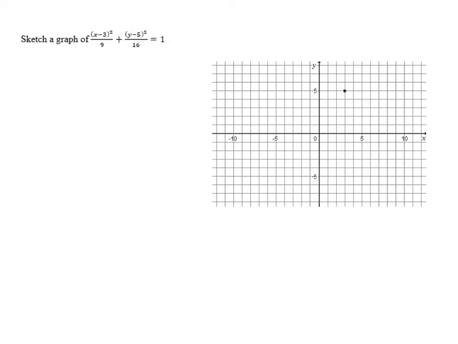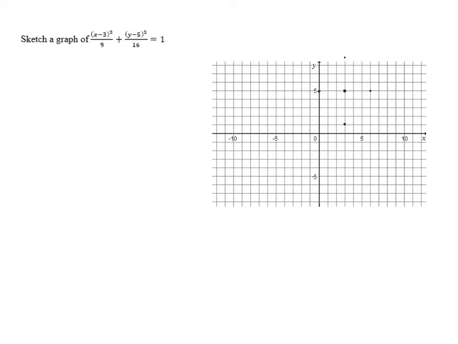Now, if we look at the denominator on the x squared term, that is 9. So in the x direction, we need to move to the right and to the left 3 units from our center. And then because the denominator in the y squared term is 16, vertically we need to move up and down 4 units from our center because 4 squared is 16.